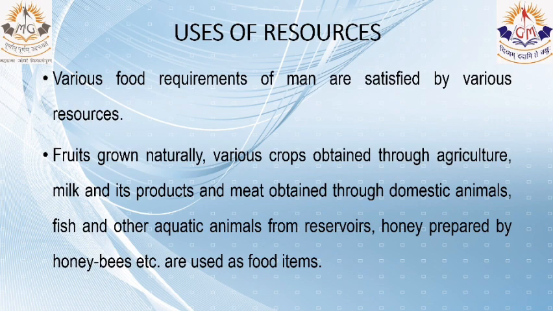Honey prepared by honeybees. We also use the insects, whatever is produced by the insects. For example, honeybees, they produce honey and we utilize it, etc., are used as food items. So we make use of lots of natural elements, nature that is present on the earth. We use it in various ways to satisfy the food requirements of human beings.